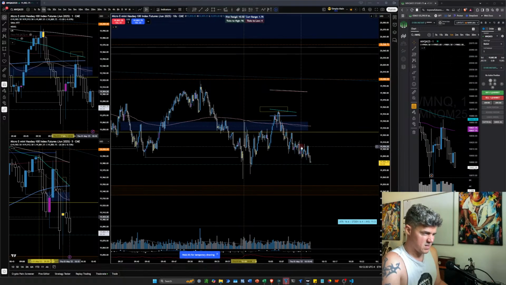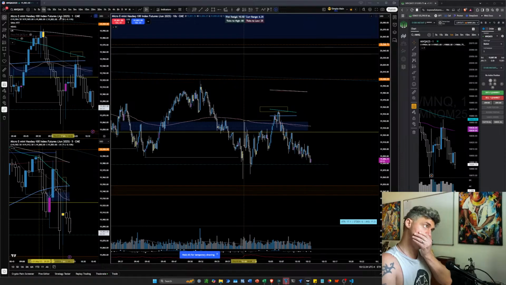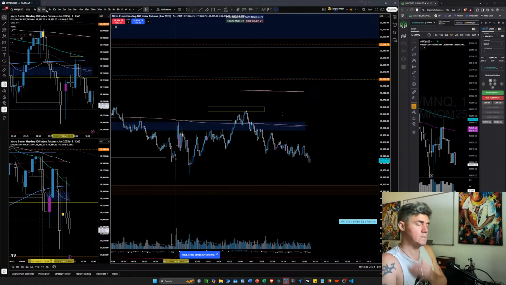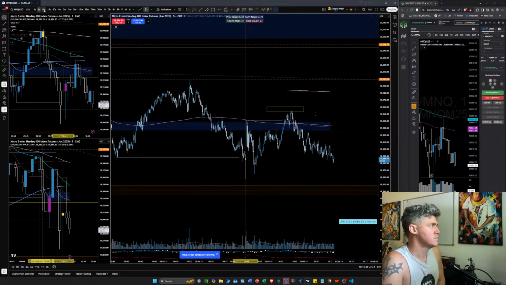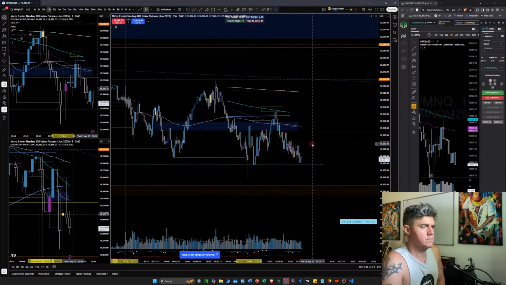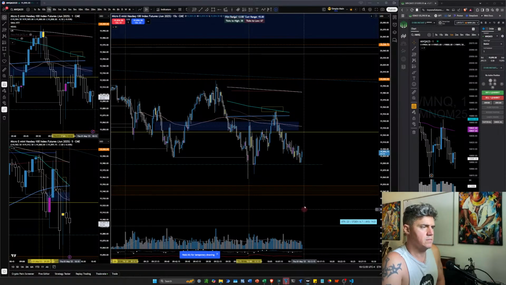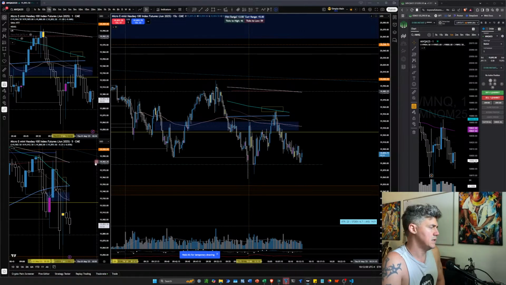Algorithmic selling, super tight channel. It's popping on lower volume. Yesterday's high again.